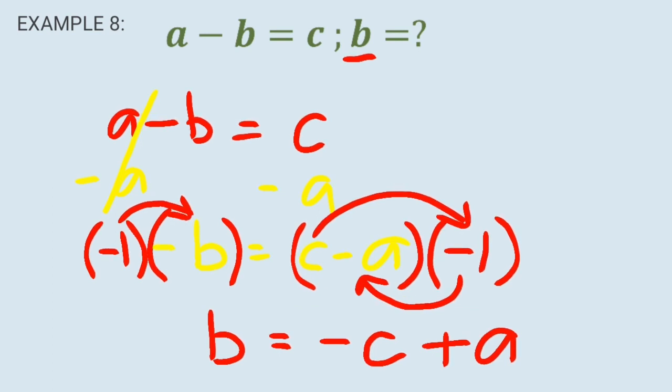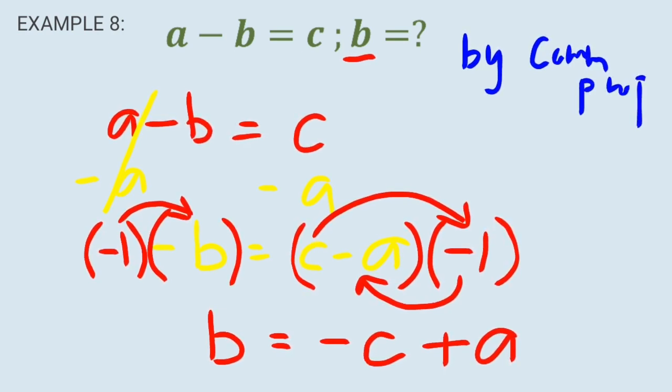What if I ask you to write it following the commutative property? Your answer will be b equals a minus c.